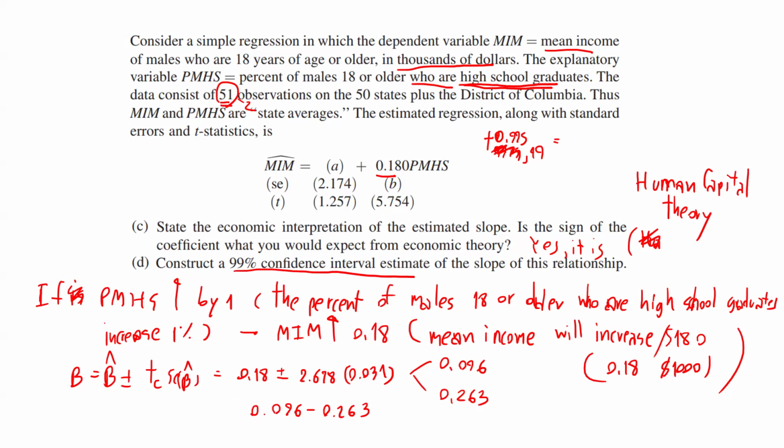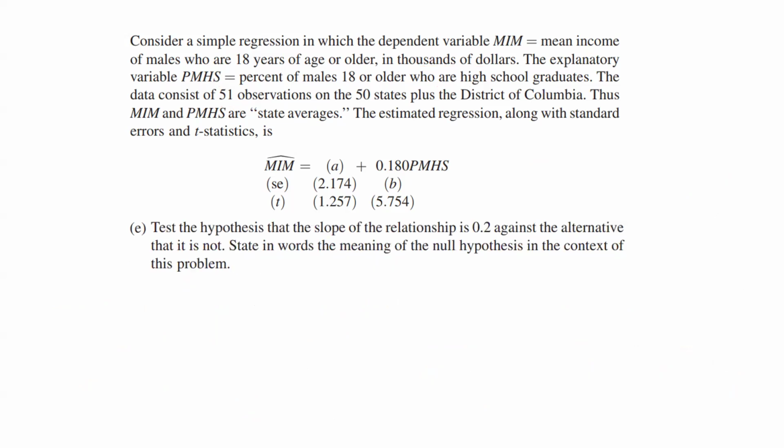And the final question: test the hypothesis that the slope is 0.2. Okay, let's do it. H0: beta is 0.2 versus H1: beta is not 0.2. Second step, the t-stat. The t-stat is beta hat minus what you are concerned about, over the standard error.